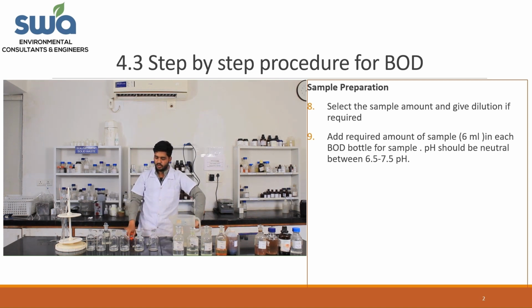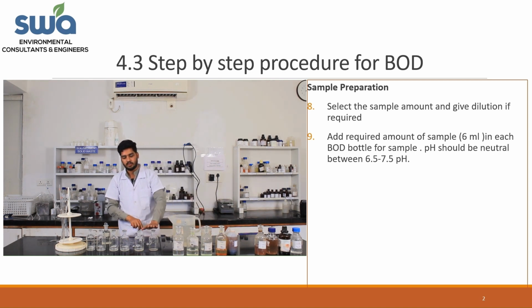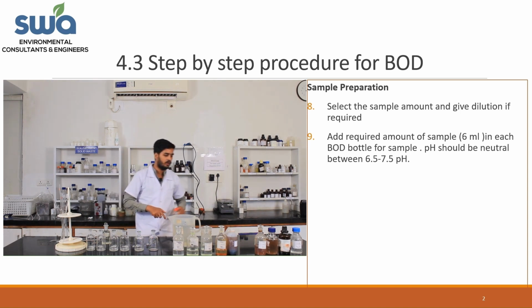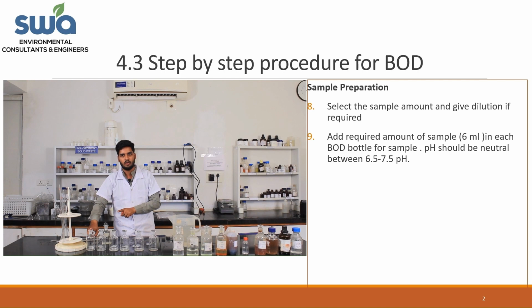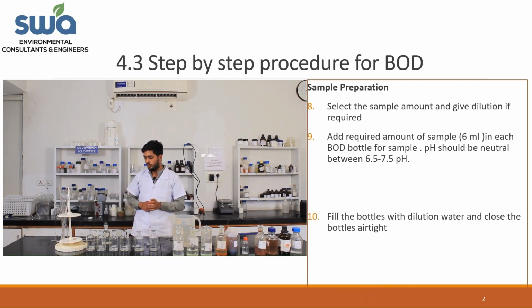So now we have added 6 ml of sample in each bottle for sample and standard solution, and another 2 bottles we have not added any sample. These 2 bottles are for measuring the dissolved oxygen of blank. In one we will measure initial DO, and in another we will measure the final DO after 3 days of incubation.